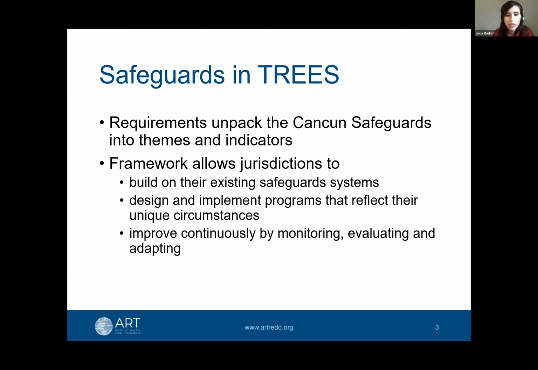As a result, different participants will demonstrate conformance in different manners, but all TREES themes and indicators will be met by all participants. The framework also promotes continuous improvement by requiring monitoring the outcomes, which helps evaluate and adapt the strategies as required.